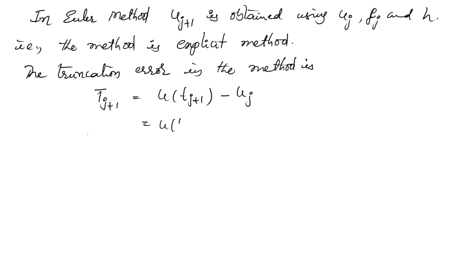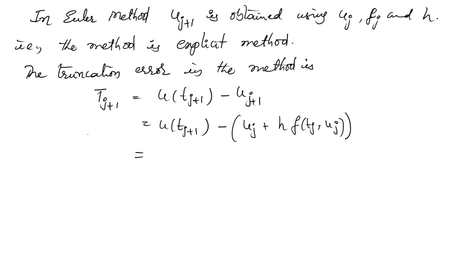What is Euler's formula? uj plus 1 is nothing but uj plus h into f of tj, uj.